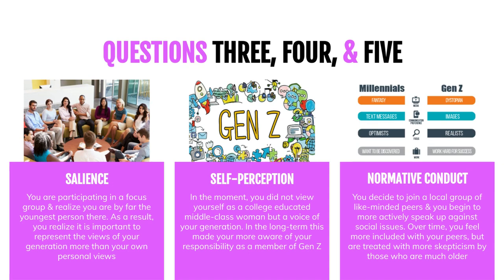There are movies and television and social media, and you're seeing these interactions among your peers. You're viewing and consuming this media, and it's made very clear to you what is expected of what it means to be a part of this generation, which is part of the reason why there are generational cohorts in the first place.